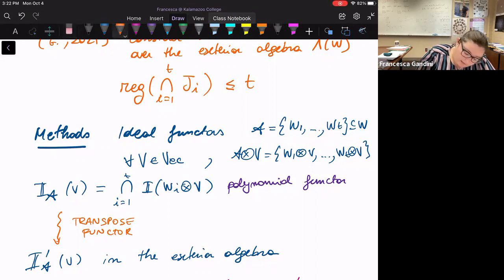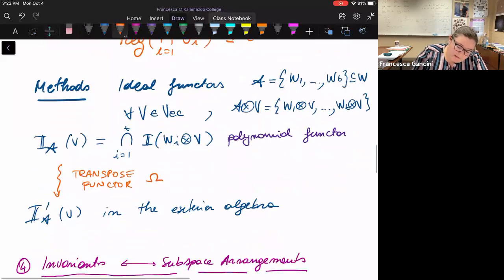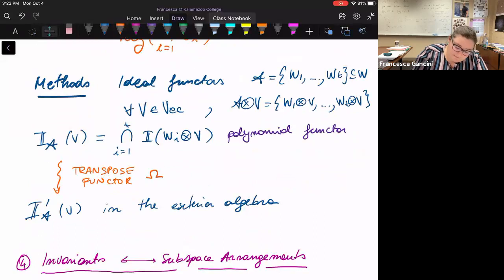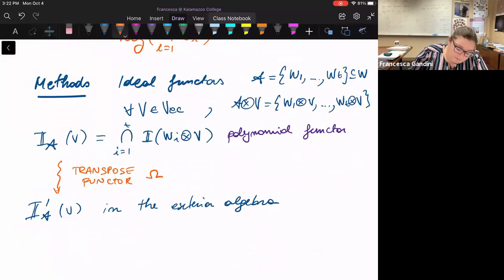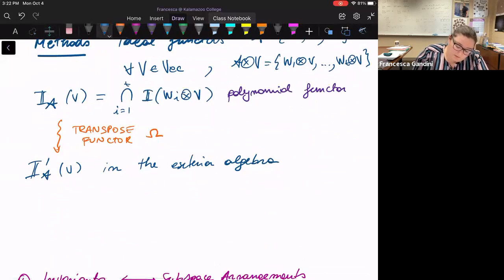And just to let you know the notation, I use this omega for this transpose functor on polynomial functors. That's a mouthful. And the reason why I use this omega is because on the ring of symmetric functions, there is an involution, which is usually denoted by small omega.